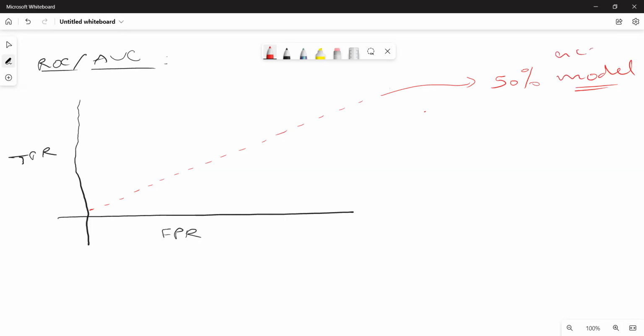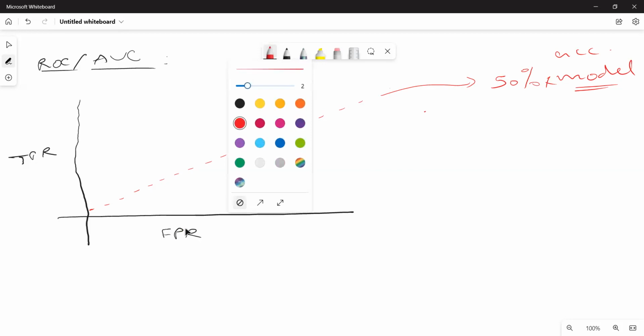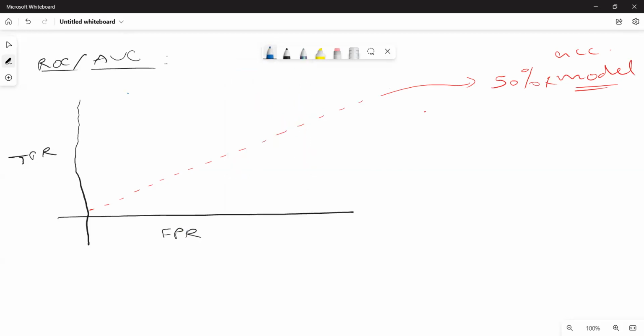So as compared to a 50% accurate model, how good is my model? That is what is going to be done by the ROC and the AUC.